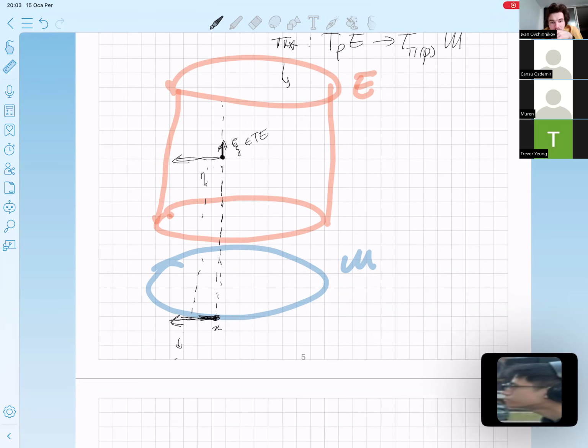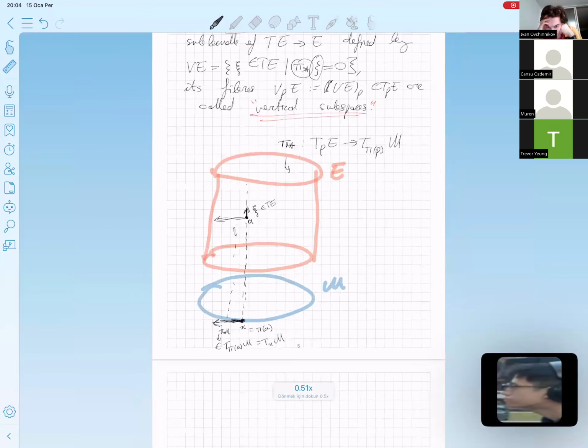So this is p star eta, and this is an element in... let's call this point A. And x is pi of A. Pi of A is x. Right? So this is true.